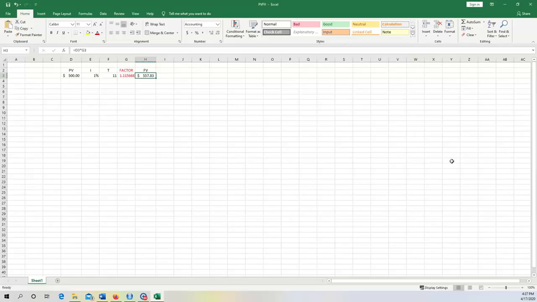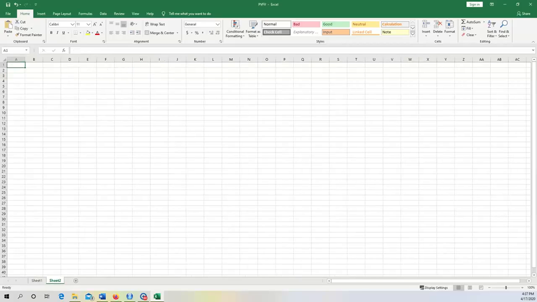We can reverse this process. So let me open another sheet. Suppose now, for another type of question, you know future value, you know interest rate, you know how long, and you are asked to figure out present value.